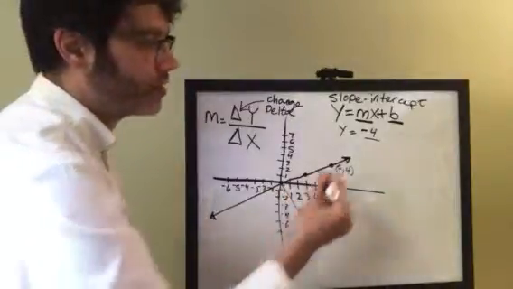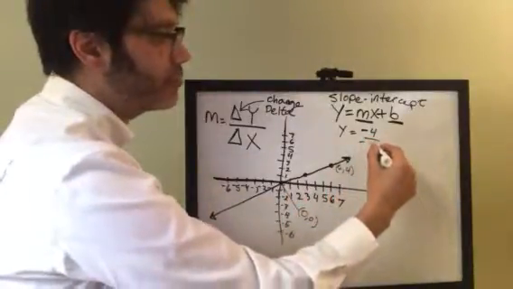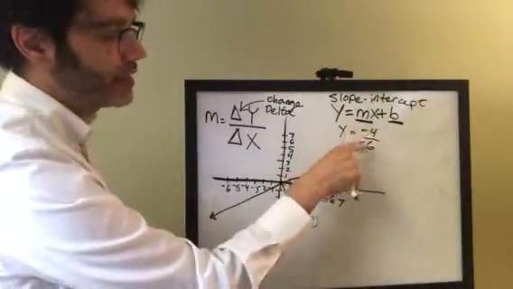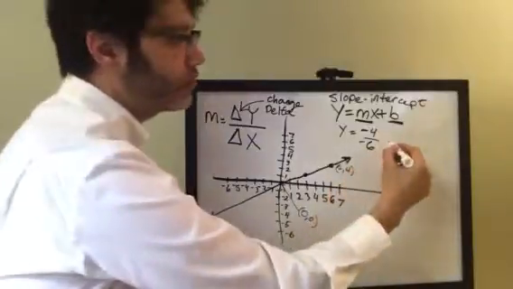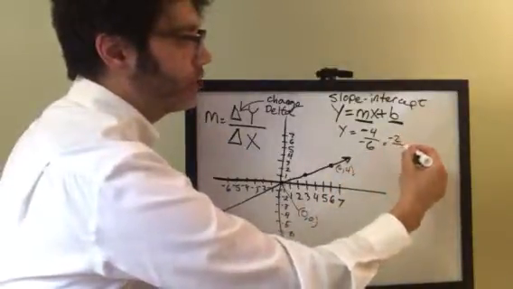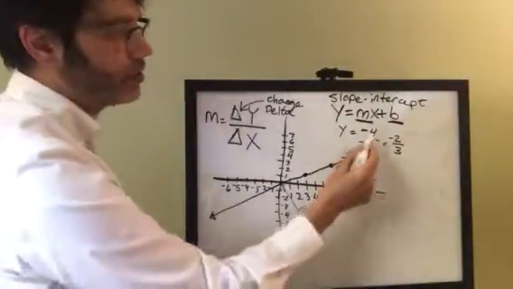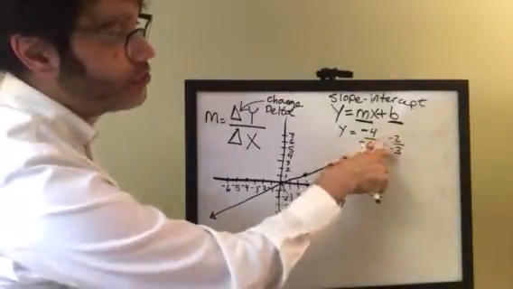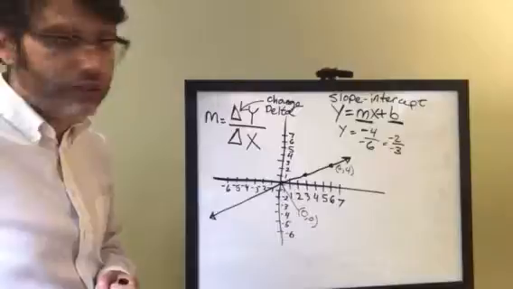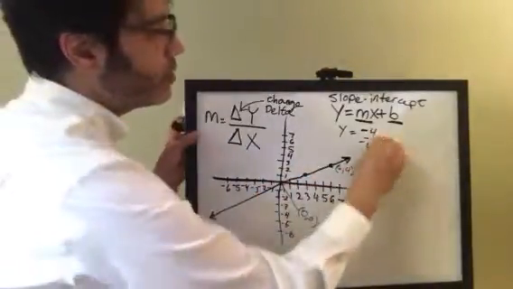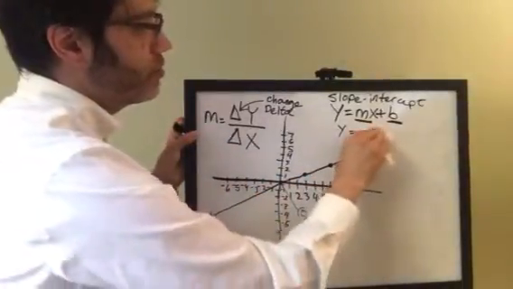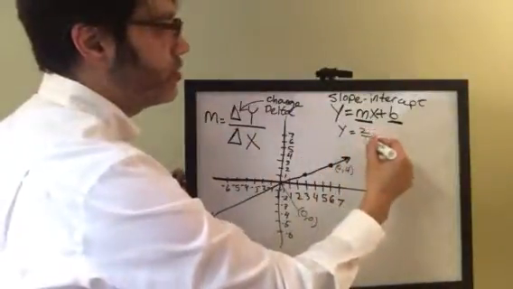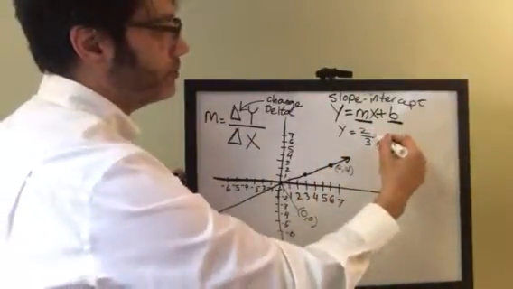Since going left horizontally is a negative movement, it's negative 6. So our slope is negative 4 over negative 6, which we can reduce by dividing both by 2 to negative 2 over negative 3. Since two negatives cancel out to be a positive, the slope will not be negative 2 over negative 3, but just 2/3. So this is what the slope is.